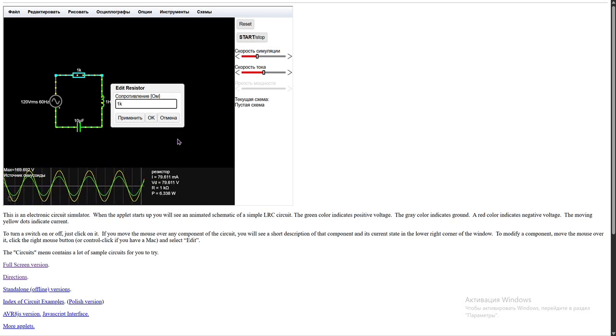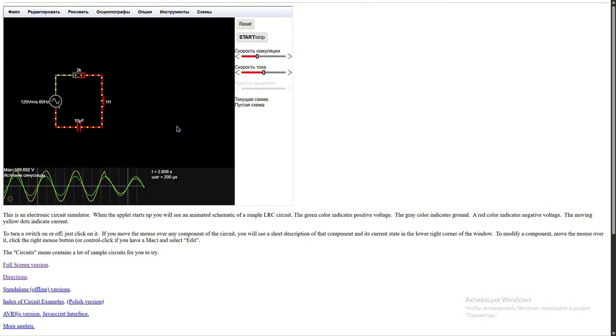I'll double it, and as I increase the resistance, the peak of the curve becomes lower and wider, and this is actually called a lower Q factor.